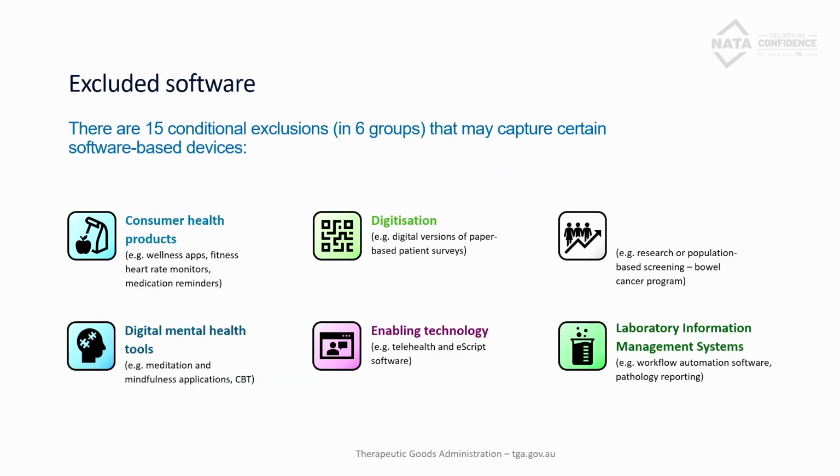So I'm just going to go through some of the excluded criteria. So what you have on the screen are the products that the TGA does not regulate. So there are 15 conditional exclusions in our legislation to carve them completely out of our regulatory framework, divided into 6 categories. So we have things like consumer health products.